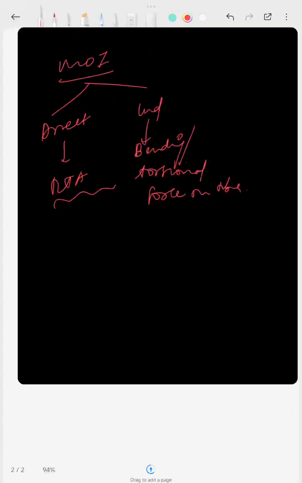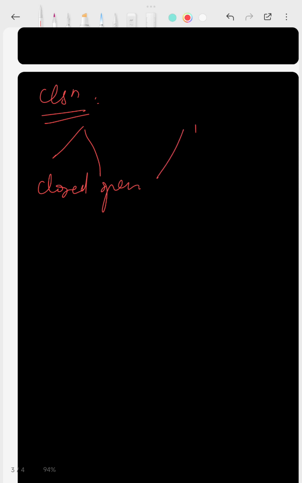So again, this classification is very interesting. When we talk about classification of both bone fracture, it is of two types. First, closed and open. Another type is level of fracture: upper third, middle third, lower third.